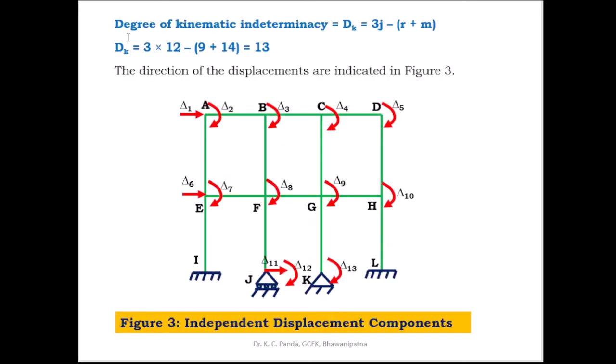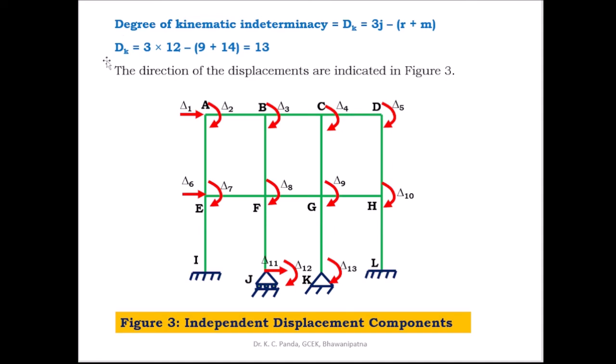Then you can find out also the degree of kinematic indeterminacy of this frame due to the inextensibility of the members by using this formula also: dk is equal to 3j minus r plus m. So here j is the number of joints, r is the number of external reaction components, and m is the number of members.